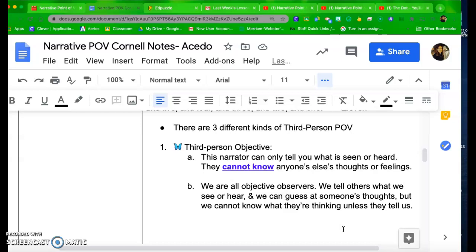You're not really knowing anybody's thoughts. We are objective observers, the way we observe the world, right? We can tell other people what we see and what we hear, like the reporters do. But we can't guess at someone's thoughts. We cannot know what someone is thinking unless they tell us. So we are all objective observers. That's the fly on the wall.